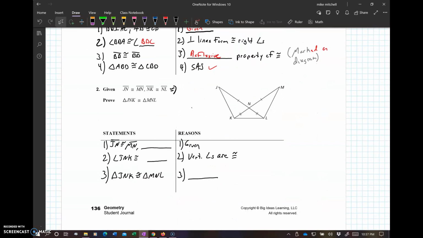Take a look at what you're going at over here. So think about this. Okay, this is a side. This is a side. We have those marked over here. This tells us we need our included angle. Now, a lot of times you don't have to force that.